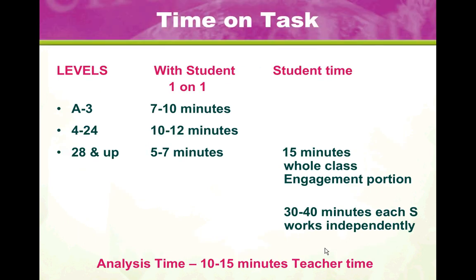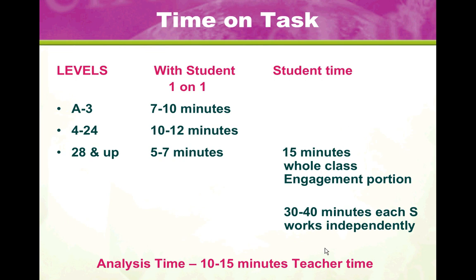Time on task. This is a big question. People ask, how long does it take to give? The lower level, which is kindergarten, level 8 through 3, takes 7 to 10 minutes one-on-one with every student. The middle levels, levels 4 through 24, which represent most of first and second grade, take the longest, anywhere from 10 to 12 minutes.